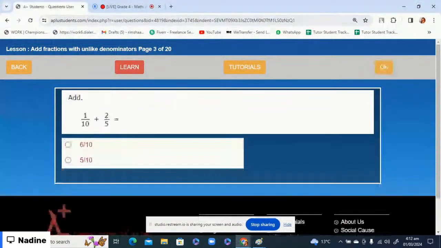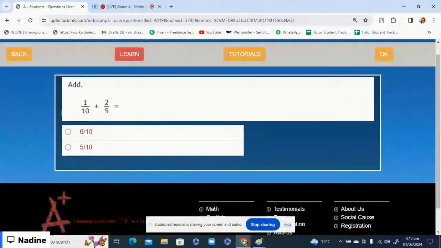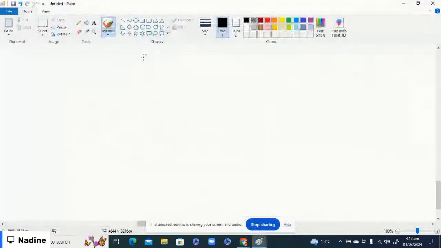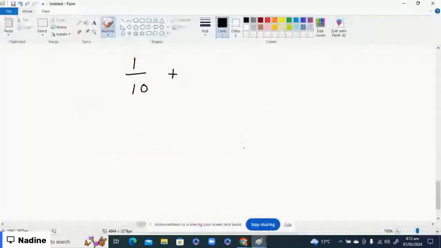Okay, now you all solve this one. 1 by 10 plus 2 by 5. Let's do it. 1 by 10 plus 2 by 5.